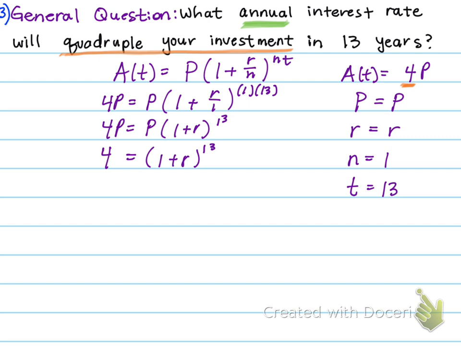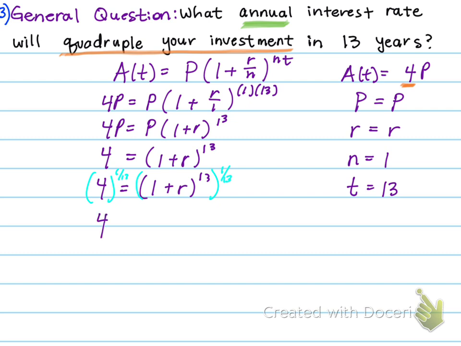And then, again, I have this exponent that I need to get rid of. So I'm going to take the 13th root of both sides. Or you could also say you are going to raise it to the power 1 over 13 on both sides, and that'll get rid of that 13 because I'm multiplying the exponent by its reciprocal.